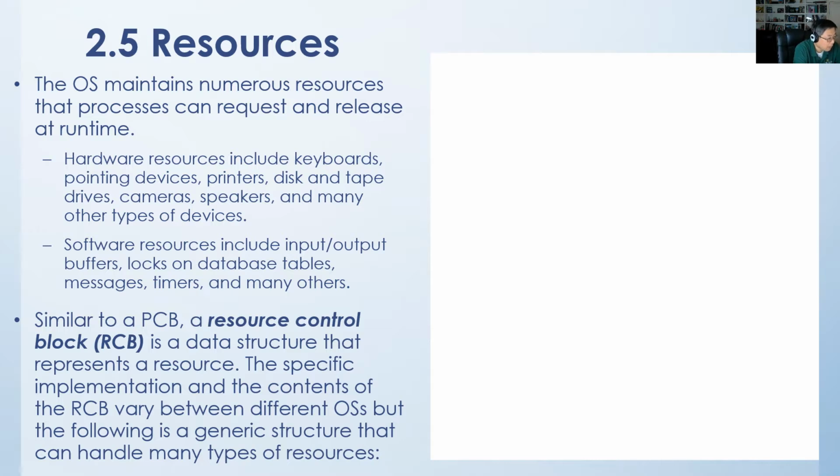Now let's talk about Section 2.5, resources. The operating system maintains numerous resources that the process can request and release at runtime. Remember, each computer system has resources, and the operating system manages these resources. In the previous section, we talked about two lists. One is called the ready list.